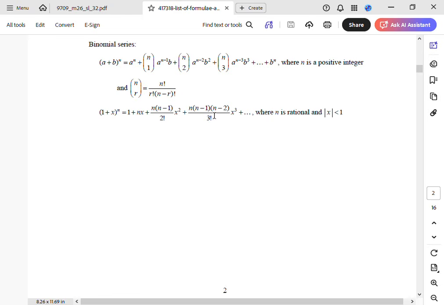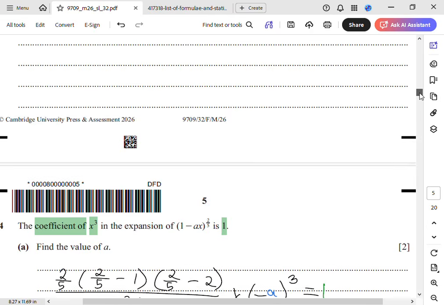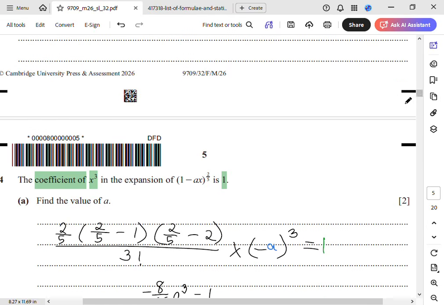So n here is 2 by 5. So I don't have to look for the first term, second term, or the third term. I can directly move on to the fourth term, right? So it's n into n minus 1 times n minus 2 divided by 3 factorial times this cubed, right? But since I'm looking for the coefficient, I did not write the x. It's just minus a.